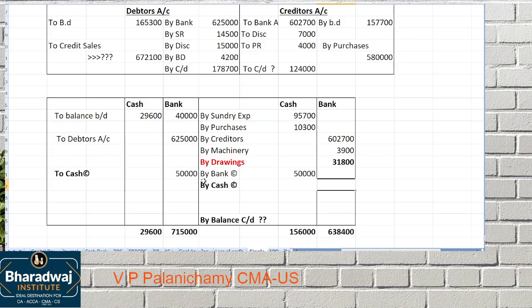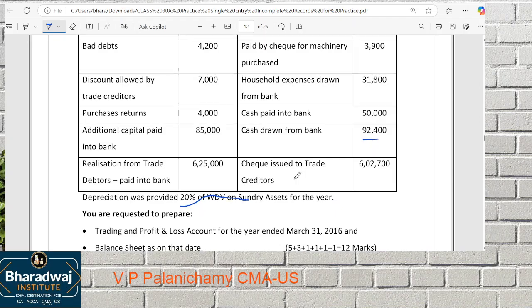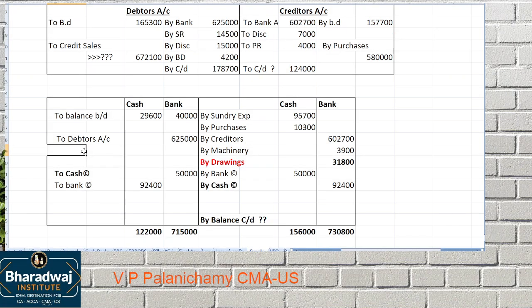Then additional capital. Total additional capital? Additional capital paid into bank is given. So that will come as additional capital. Bank column, how much? 85,000. Then closing balance of cash is given to us in the question. How much is given? 12,000. Bank balance, how much is given? 60.